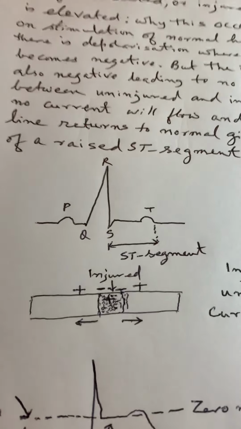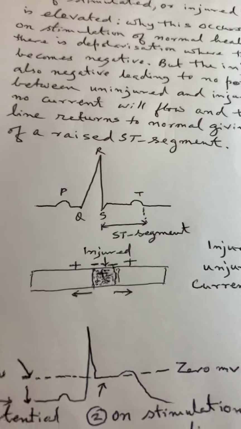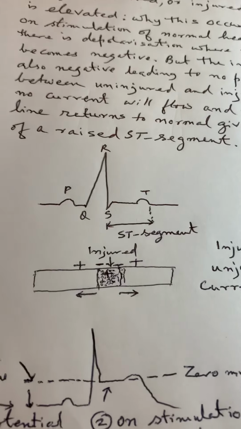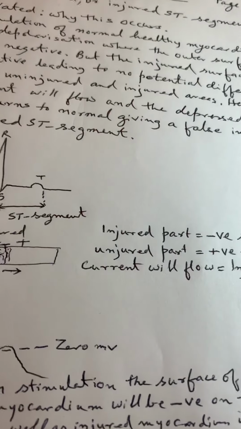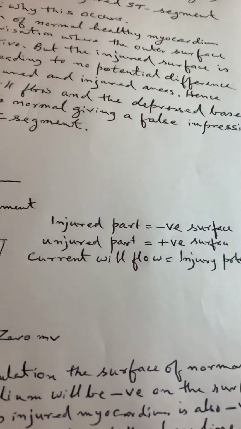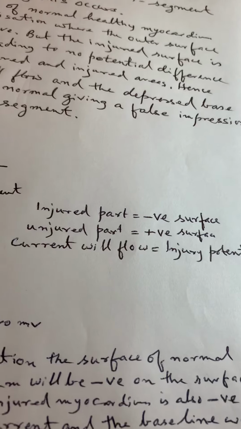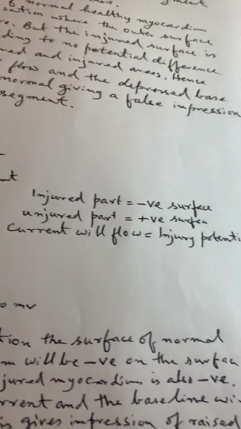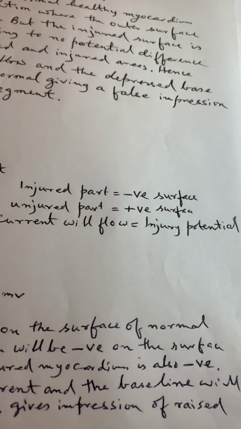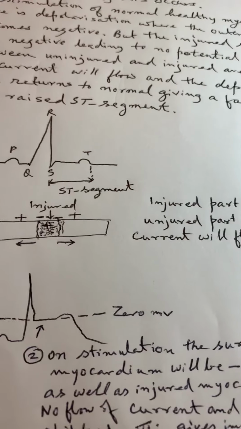So this depolarized portion is signified by the ST segment. Now, when a part of the surface is injured, it is negative, and uninjured is positive, and this will cause flow of potential, flow of current.